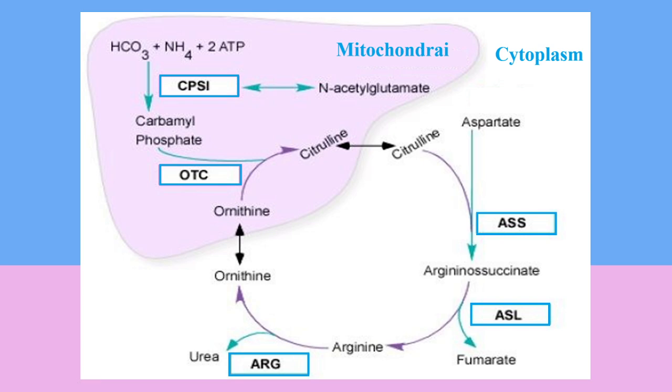The fourth reaction is cleaving argininosuccinate by argininosuccinate lyase to form arginine and to release fumarate. Nitrogen is contained within arginine, and we know that arginine is an amino acid that contains two N nitrogens.